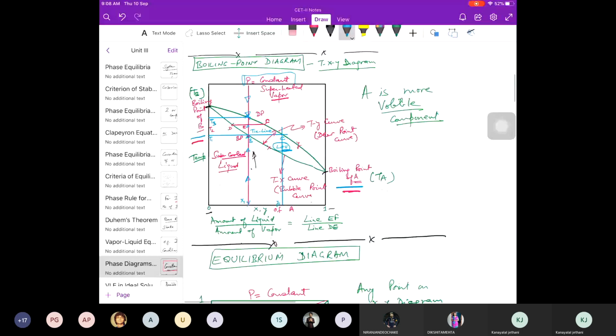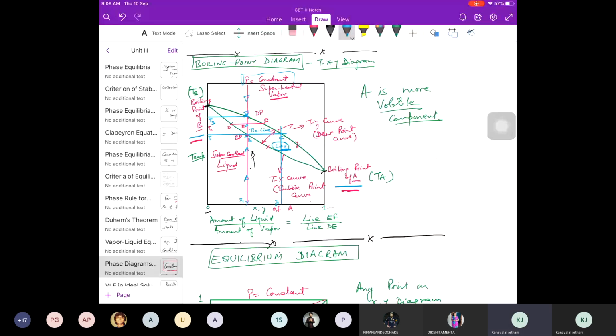Okay. बबल पॉइंट कर्व कौन सा है? Can you see this diagram? TX curve, right? That is bubble point curve.